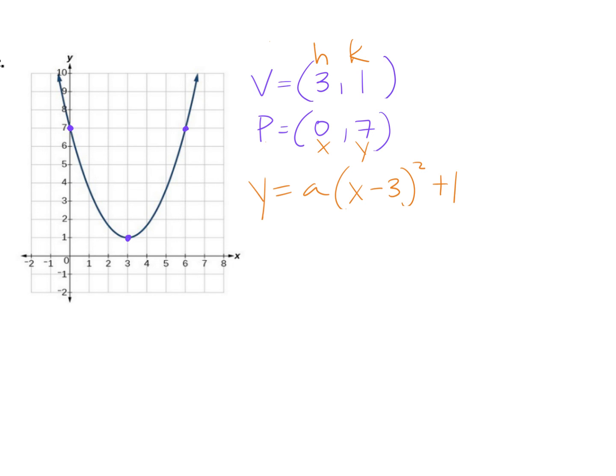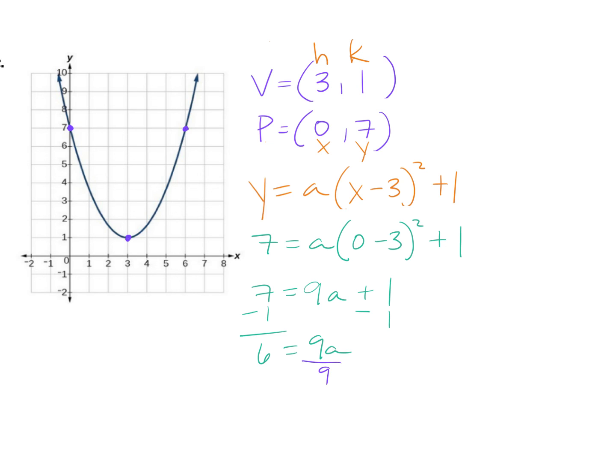So this is going to be 7 equals a times 0 minus 3 squared plus 1. So we simplify that. Negative 3 squared is 9. So 9a plus 1 equals 7. Take away that 1. So 6 is 9a. And then we're going to divide by 9.